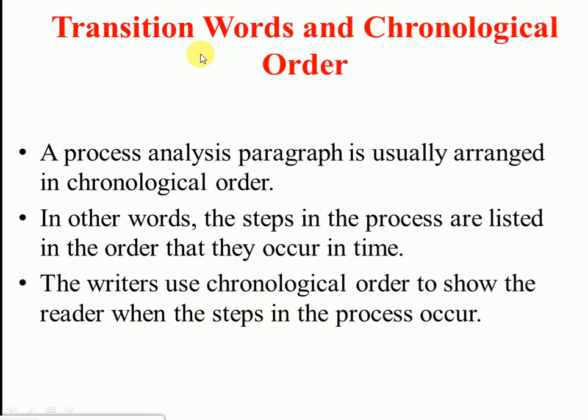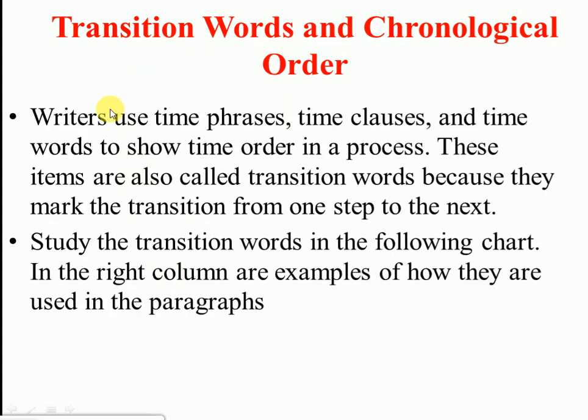Writers use time phrases, time clauses, and time words to show time order in a process. These items are also called transition words because they mark the transition from one step to the next. Study the transition words in the following chart.